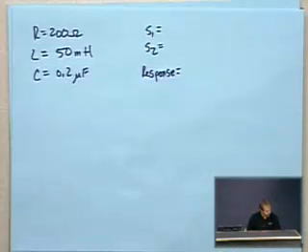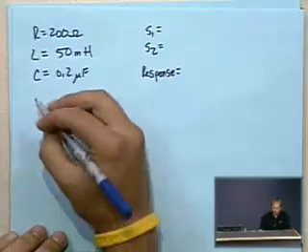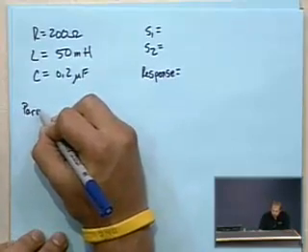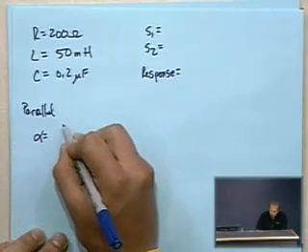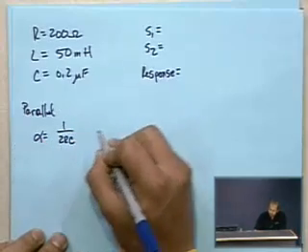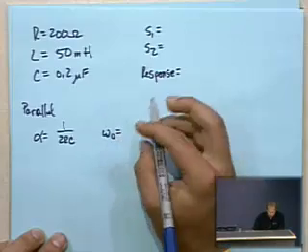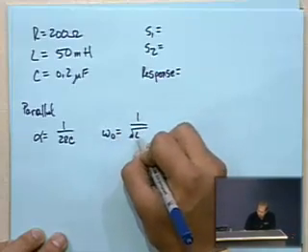Because it's a parallel circuit, alpha equals 1 over 2RC. Omega naught equals 1 over the square root of LC.